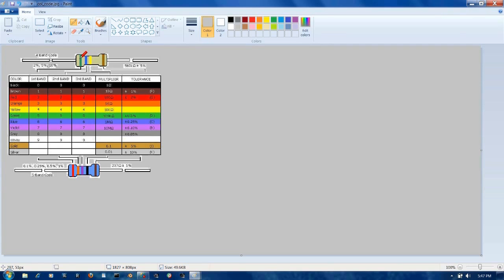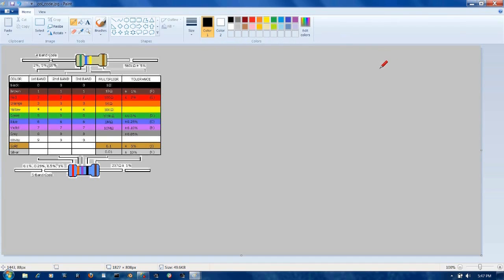Like I said, the easiest way to figure this out is to just do it. So we have a resistor here, and there's a little cheat going on here. This is a 560K ohms resistor, or 560,000 ohms. Actually, before we get into it, let me mention that you'll see K used.